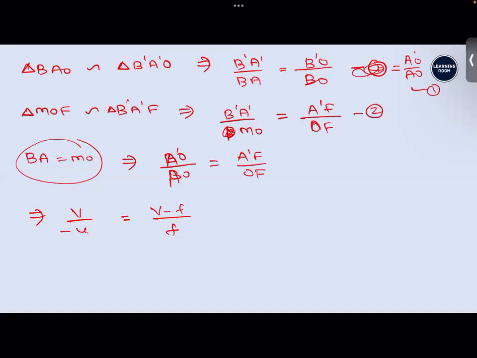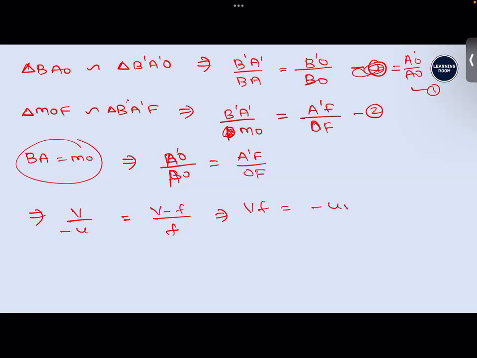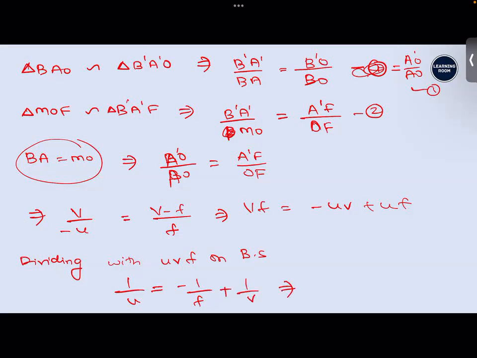Is it right? So which implies VF is equal to minus UV plus UF. Dividing with UVF on both sides, what will you get? 1 by U is equal to minus 1 by F plus 1 by V, which implies 1 by V minus 1 by U is equal to 1 by F. This is what we call the lens formula.